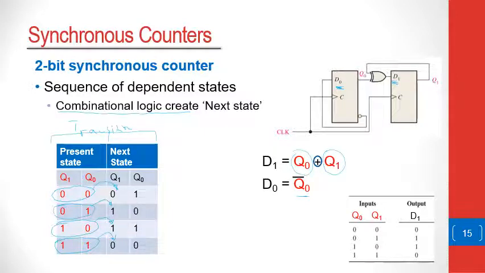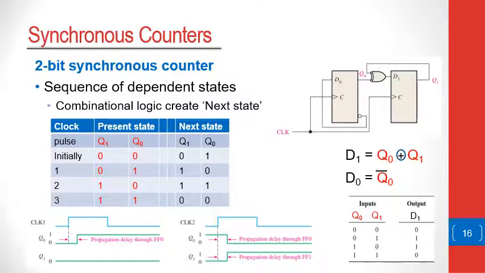As a reminder, an exclusive OR gate works by giving an output of 1 whenever the two inputs are different.